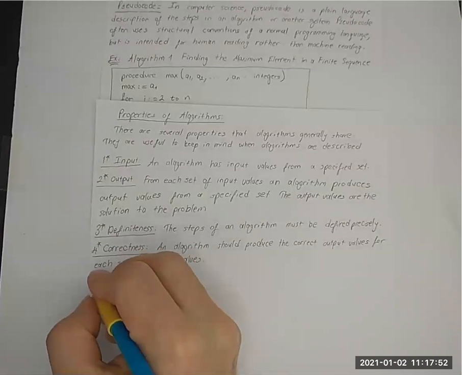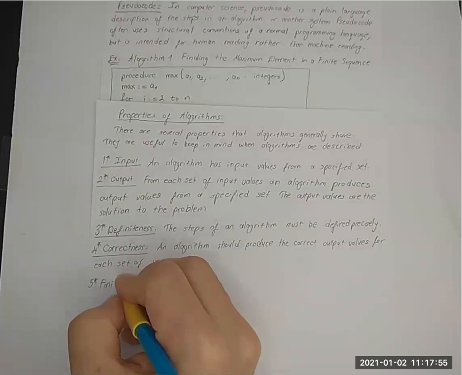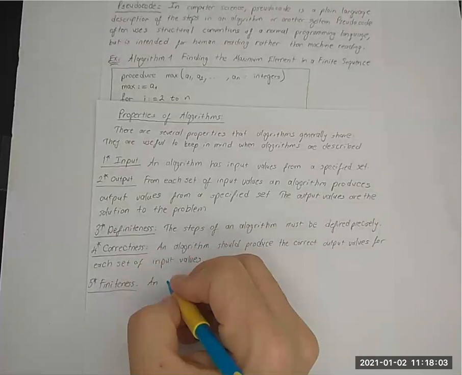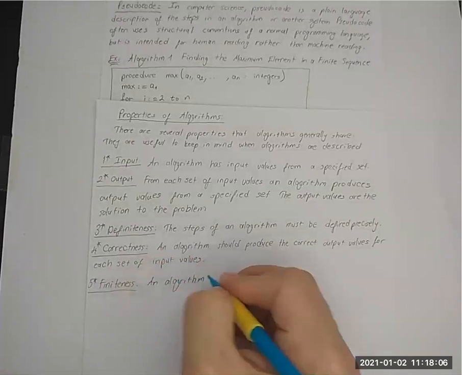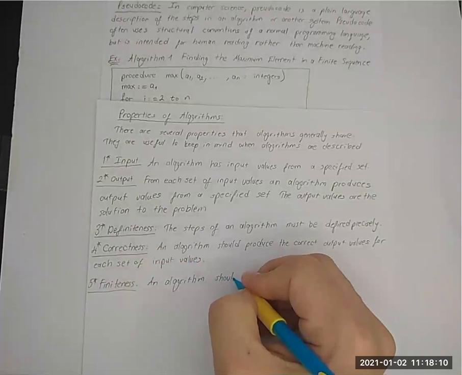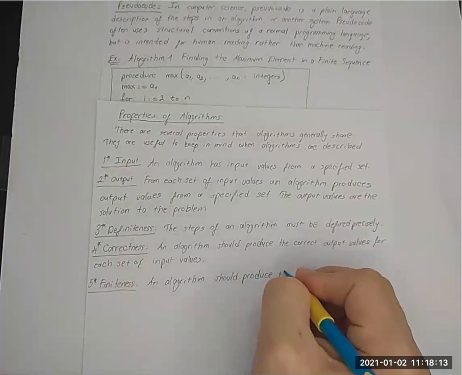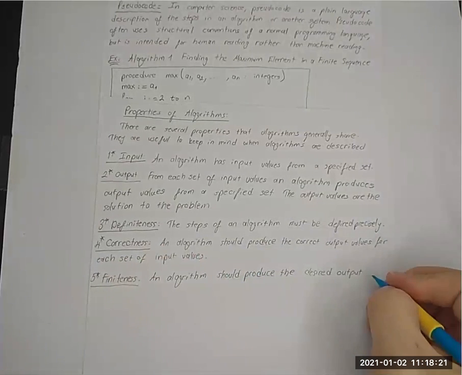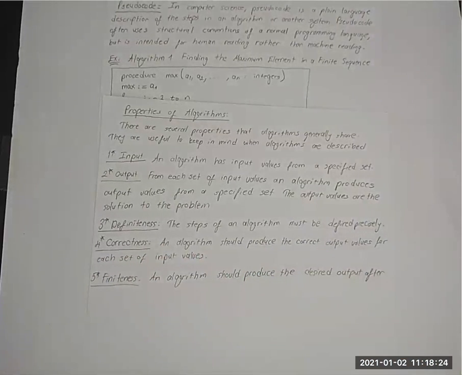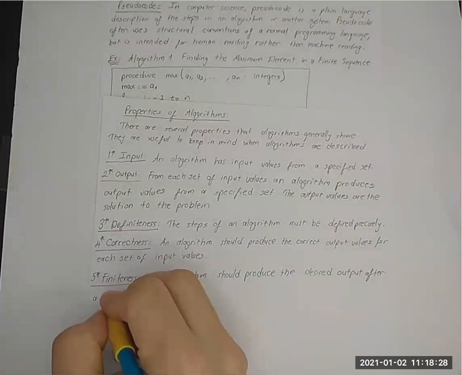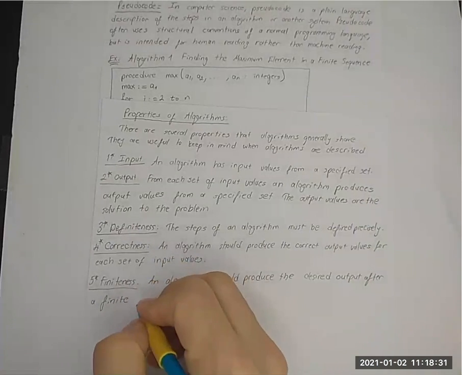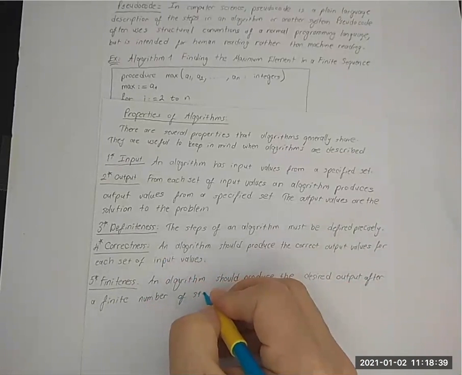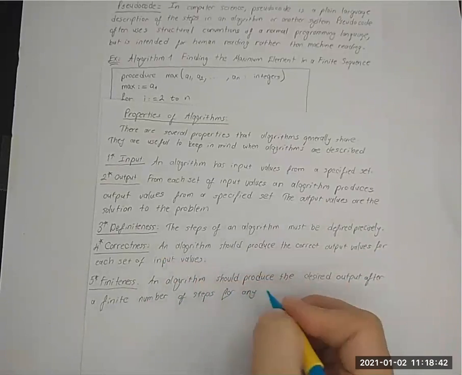And finiteness: an algorithm should produce the desired output after a finite number of steps for any input in the set.